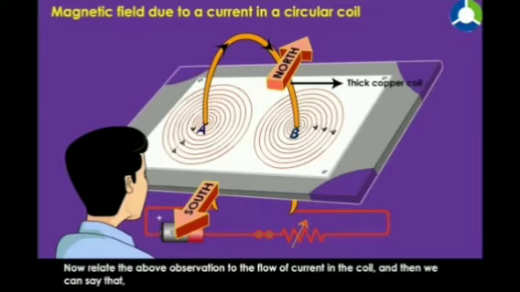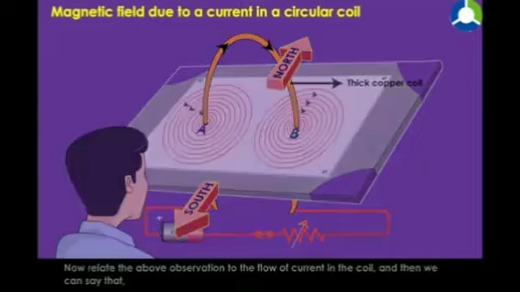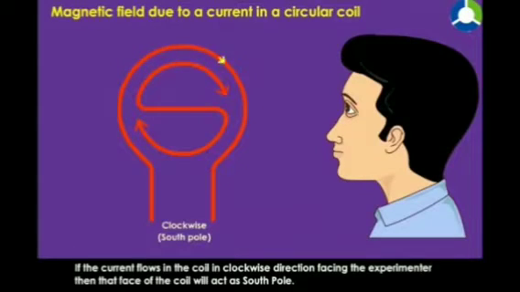Now relate the above observation to the flow of current in the coil. We can say that if the current flows in the coil in clockwise direction facing the experimenter, then that face of the coil will act as the south pole.